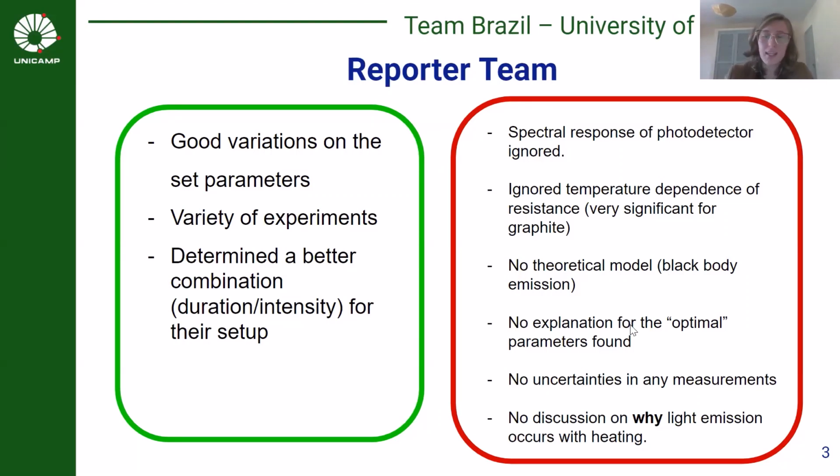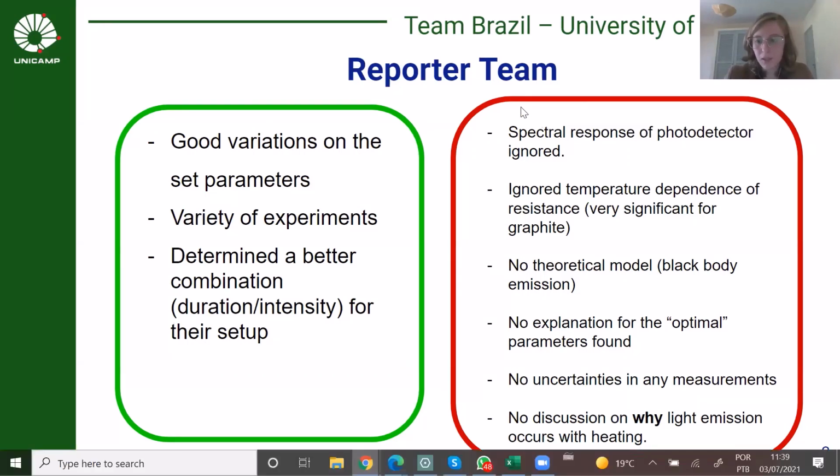And it didn't explain the optimal parameters found. It was very fine to see what the optimal parameters are, but I don't see why this setup is the best. Actually, I felt a lack of uncertainty in measurements, and it didn't discuss the emissions.